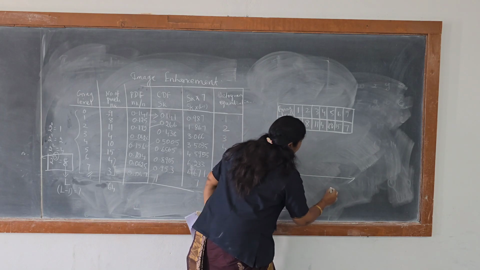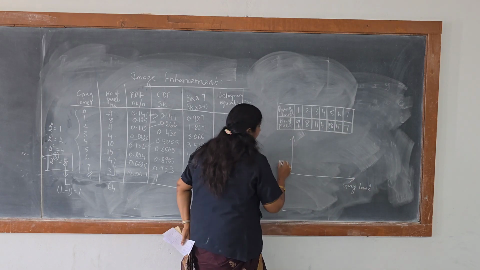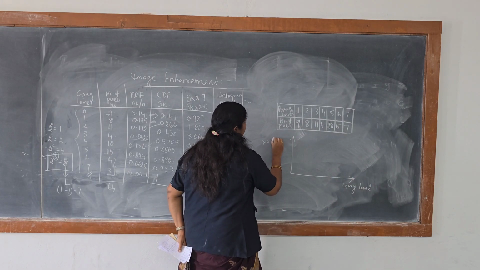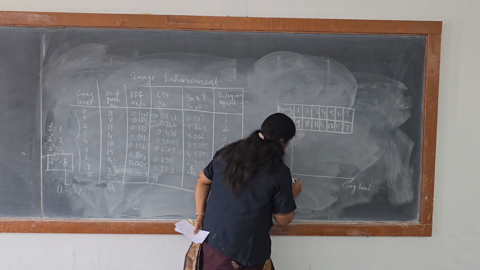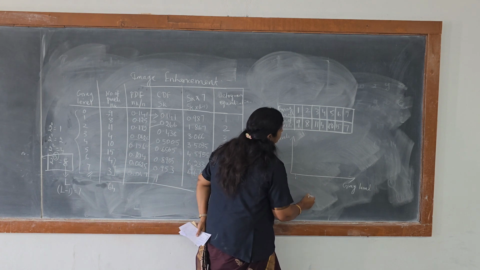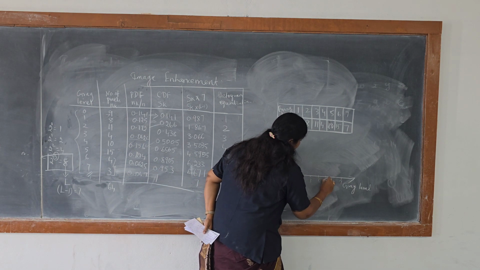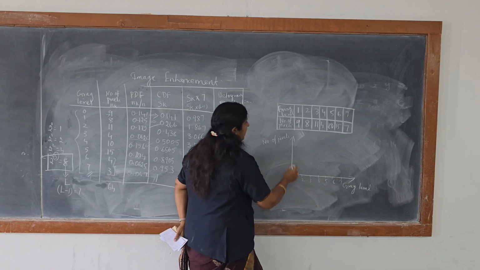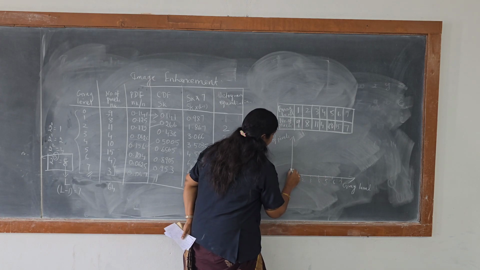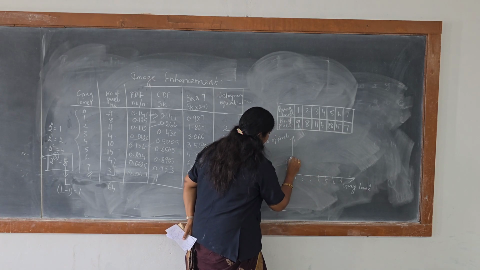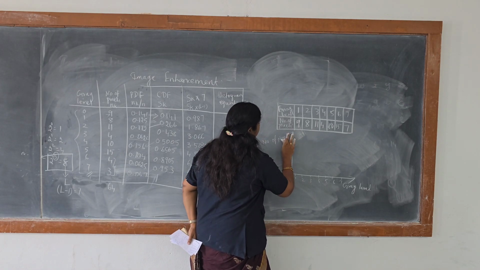So here also the x-axis represents gray level and the y-axis represents number of pixels. So gray level ranges from 1 to 7. And number of pixels ranges from 7 to 15, up to 15.